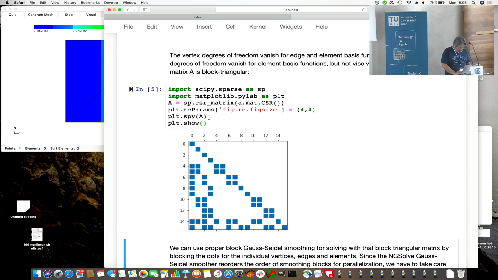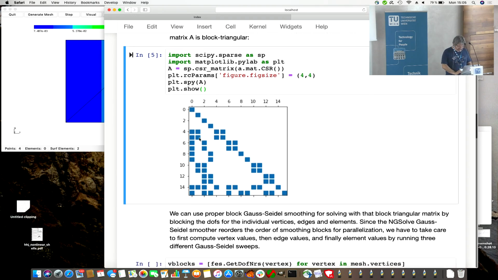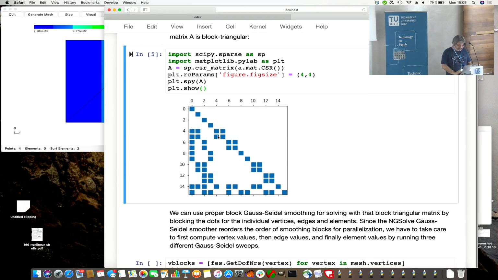Okay, if we spy the matrix A, we see the actual non-zero entries, and we see it's essentially a triangular matrix, a block triangular matrix. Only the diagonal blocks go to the upper right. But we have the first 4 rows are the vertex degrees of freedom and vertex test functions.